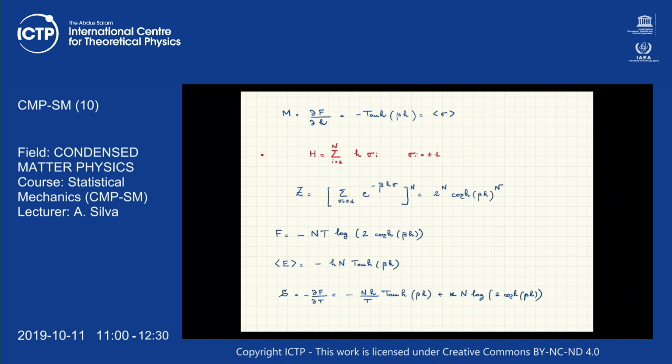Now, if you think for a second, let me draw a diagram. So this is the energy, this is minus nh, this is plus nh, this is the center, 0, and this is the point where you have most of the configurations that lead to that result for the energy.